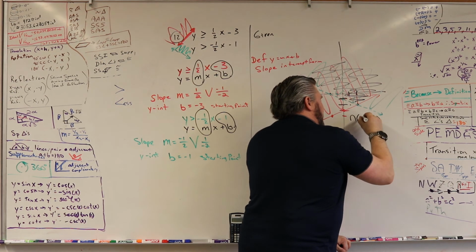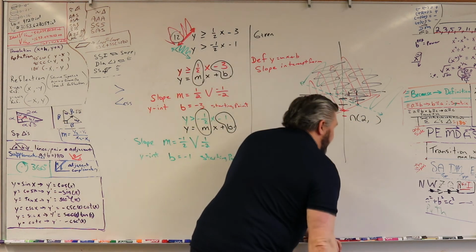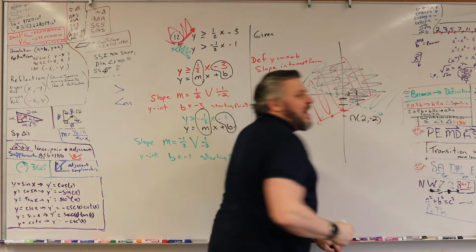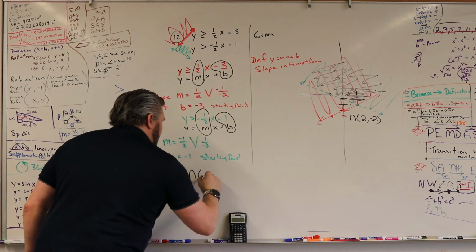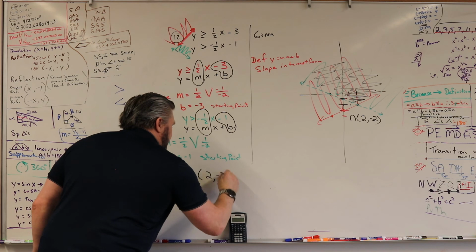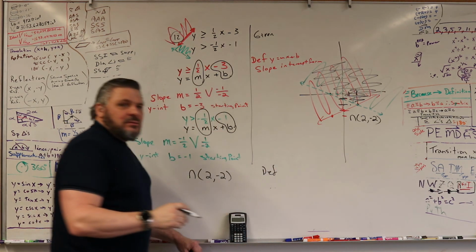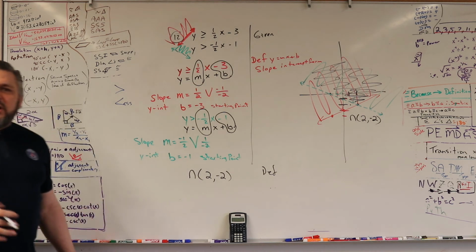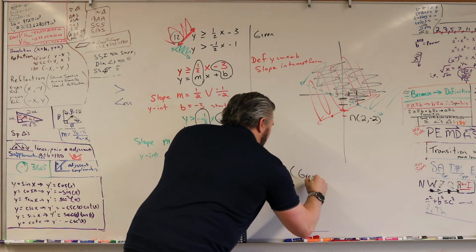So that would be a positive 2 in the x direction and a negative 2 in the y. So my intersection is at (2, -2), by the definition of intersection, due to graphing.